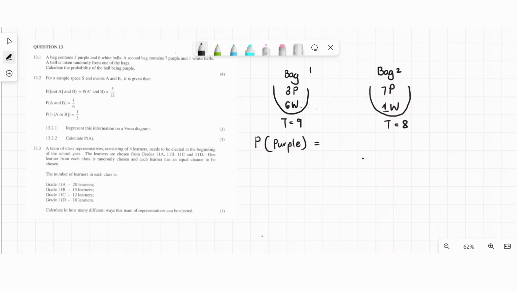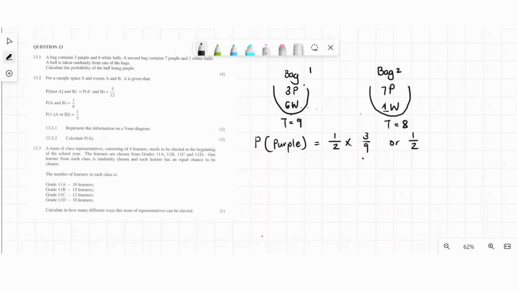I need to pick from both bags. We have 2 of them, so it's either I pick the one from the 2, right? Then let's say from picking from one of the 2 I pick this bag, right? So how many balls do I have in total? I have 9, but how many purple balls do I have? It is 3.